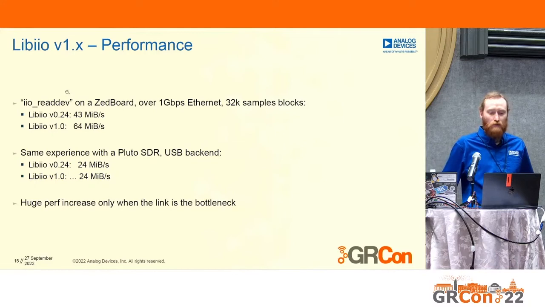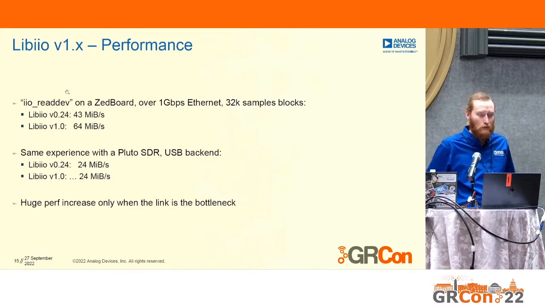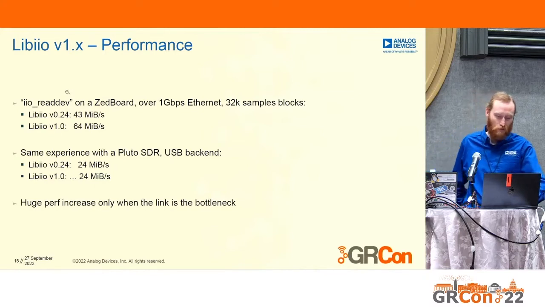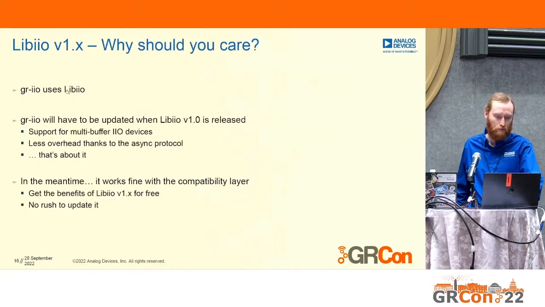Then I did the same experiment with the Pluto SDR, and as you can see, the speed is the exact same, 24 megabytes per second. The reason is that the Pluto SDR is bottlenecked by the CPU and not by the USB link. So the asynchronous protocol just helps a lot when the link is the bottleneck.